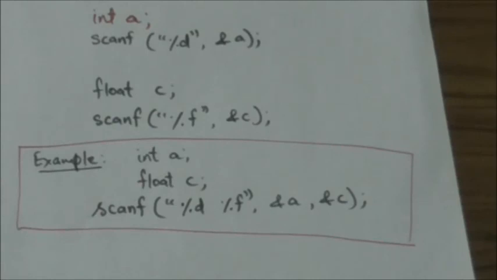This is how this scanf function works. We will study the printf function and scanf function more when we do more programming. In other tutorials we will study them in detail, right? Till now that much is enough for you to make simple programs in C.